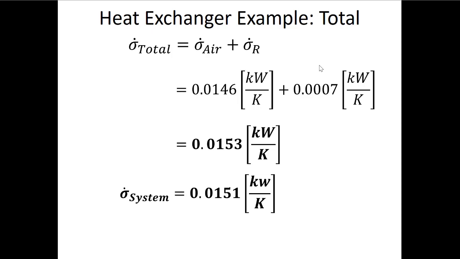If it's an ideal gas, we got to ask, is it constant specific heat or variable specific heat? If it's variable specific heat, I got to remember that s superscript 0 is not the same thing as s. There's other things to do for that equation. And if it's constant specific heat, I've got to see if I know the temperatures and the pressures, or if I know the temperatures and the specific volumes.